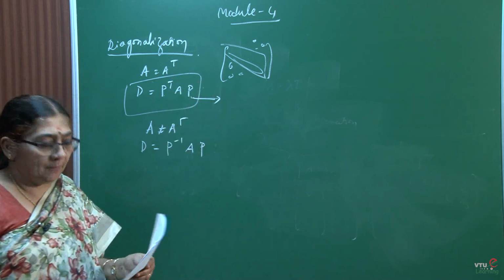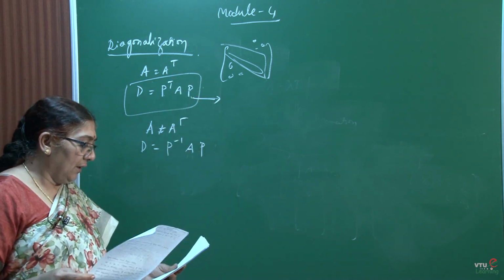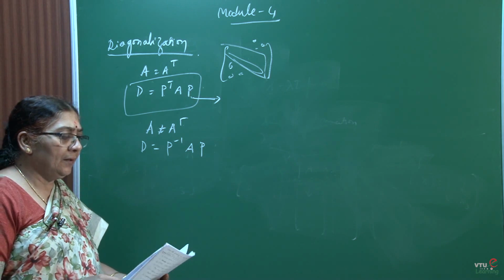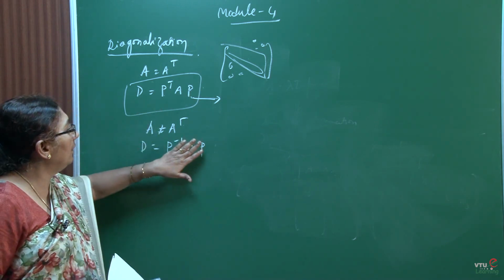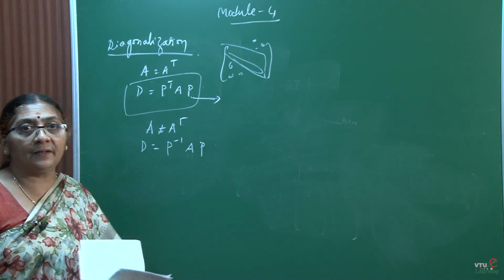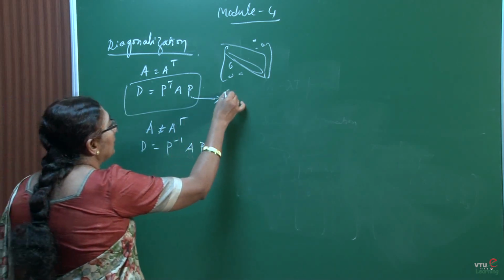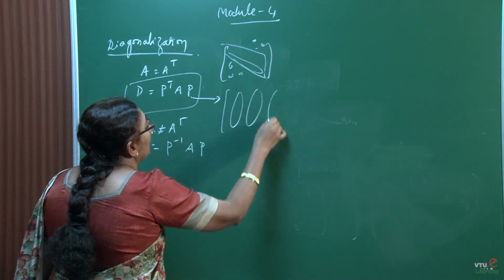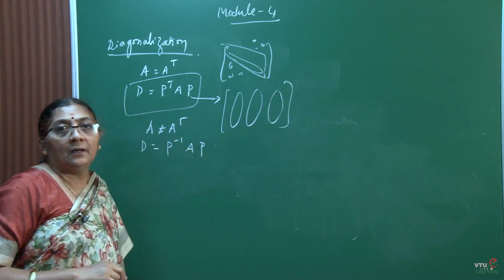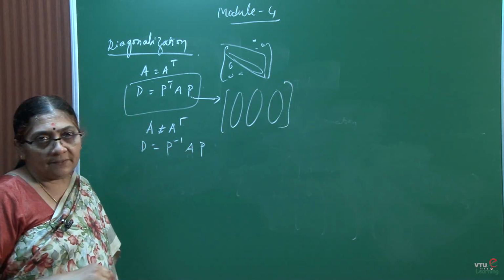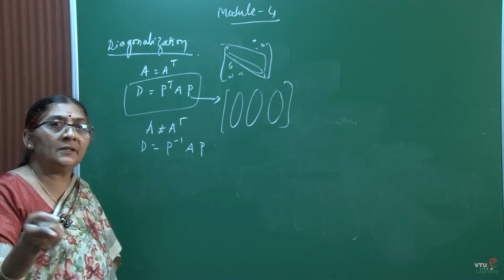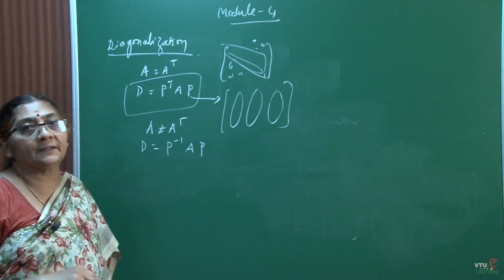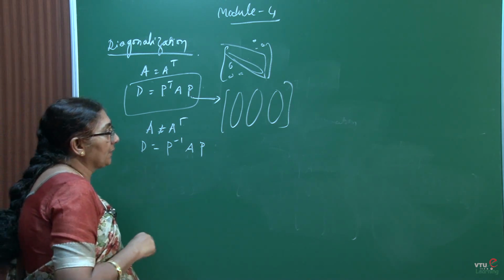What is P? The columns of P are nothing but normalized orthogonal eigenvectors. How to find orthogonal vectors?